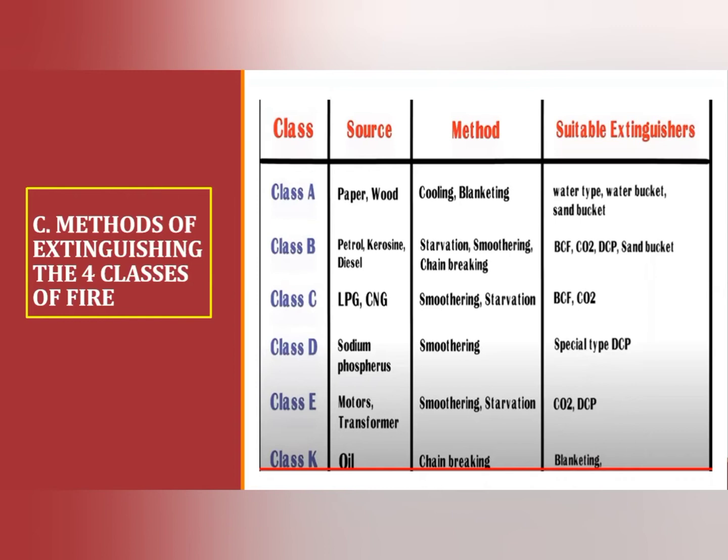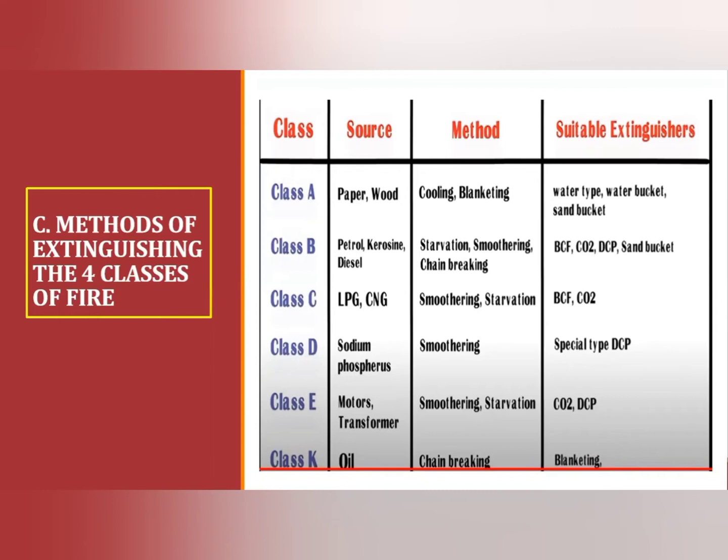Class B fires, the method that you can make use of is starvation, smothering, and even chain breaking. You can make use of these suitable extinguishers, just like BCF, carbon dioxide, DCP, as well as sand bucket.